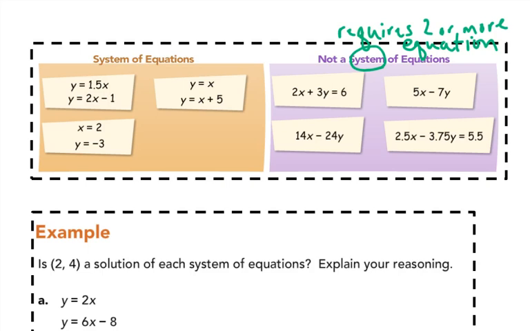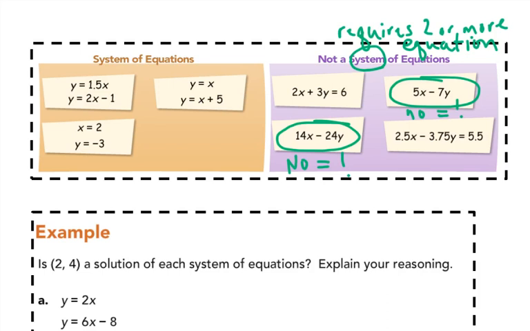But another point is that these two right here, they are not even equations. They don't have equal signs. So make sure that when you're working with a system of equations, you have to have equal signs. So this doesn't have an equal sign, so it can't be a system of equations.